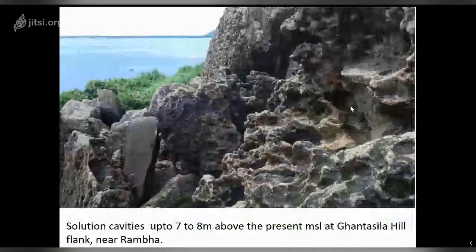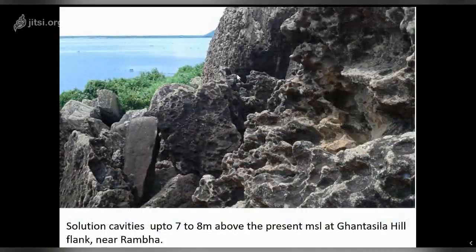Now, the interesting thing is that this rock has undergone chemical dissolution due to alkaline water, and the rock has developed such huge cavities eaten away by the alkaline water. And this feature is seen only up to an elevation of roughly 7 to 8 meters.